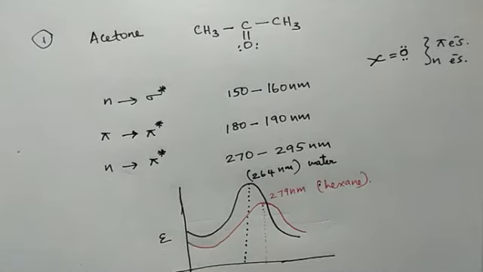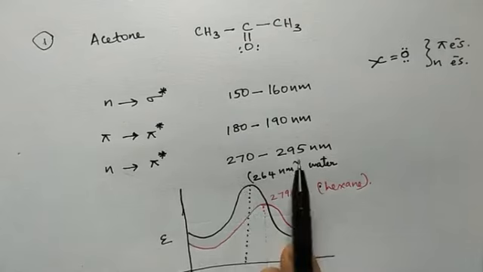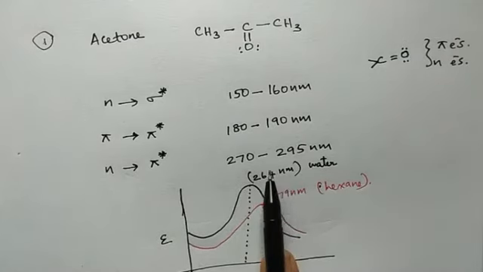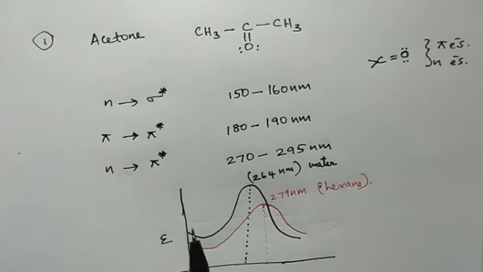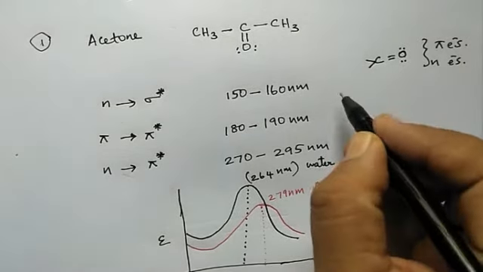And we can say that there is a change in their readings. We have written a range because, depending upon the medium or the solvent, you will get the exact absorption spectra.